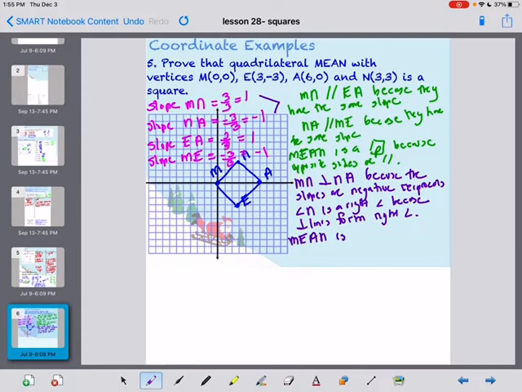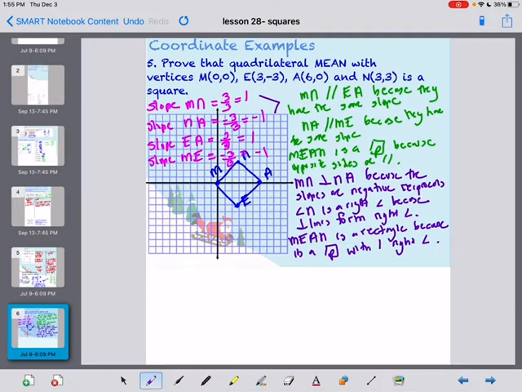MNAE is a rectangle because it's a parallelogram with one right angle. So technically it has 4, but all you have to do is show it has one right angle. Because if it has 1, based on opposite angles being congruent, and consecutive angles being supplementary, it has all 4. So that takes care of the rectangle part and the parallelogram part.